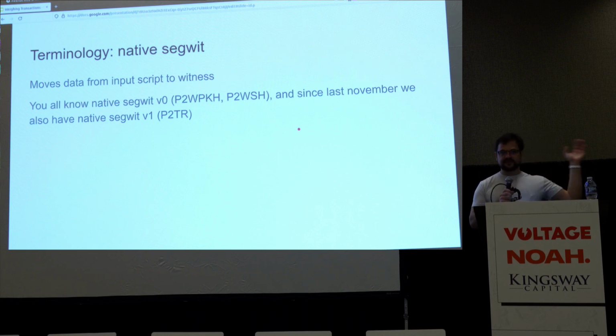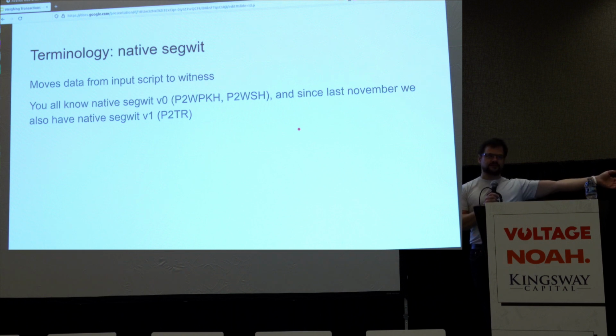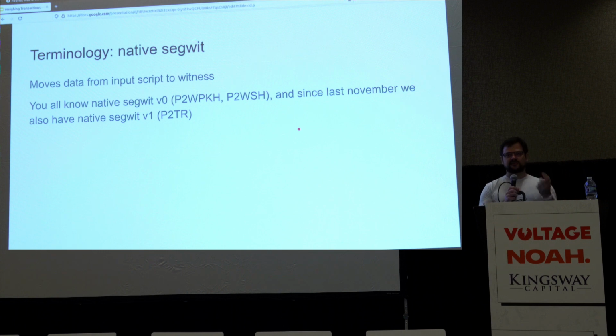And recently we had a soft fork in November, well, not quite that recently, almost a year ago, which introduced another new output type called pay to taproot. And pay to taproot is also a native Segwit output. It's the native Segwit v1 output, and these addresses start with BC1P, because Q encodes 0 in bech32 and P encodes 1 in bech32.